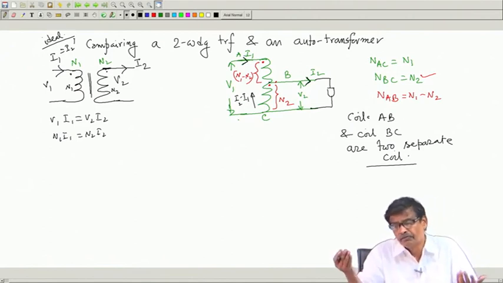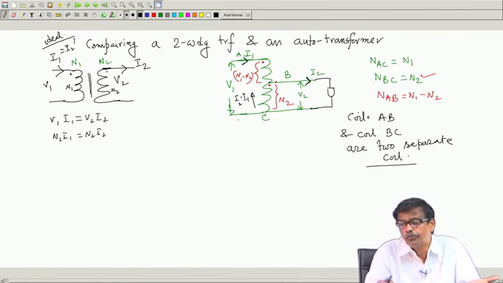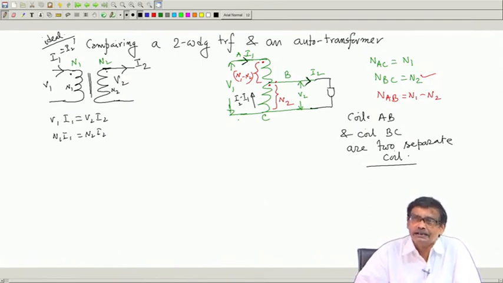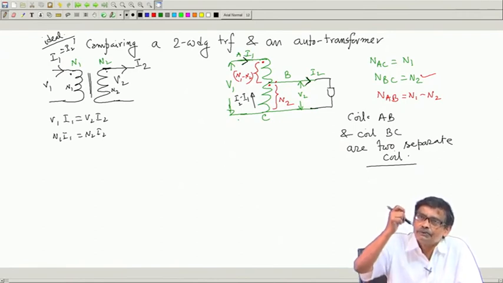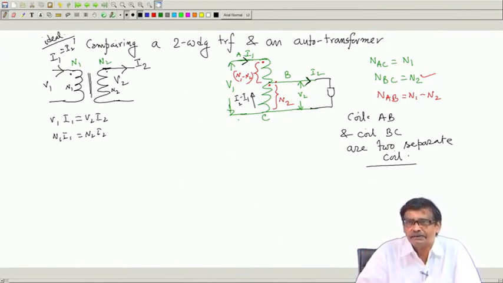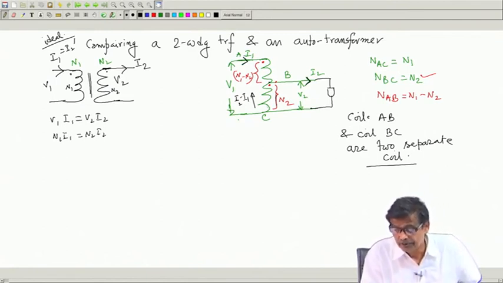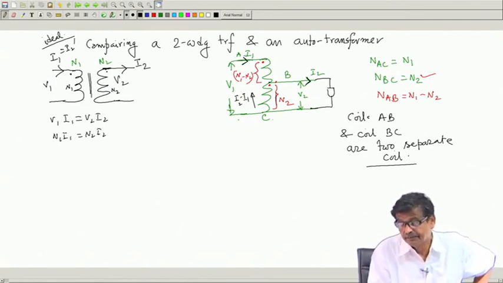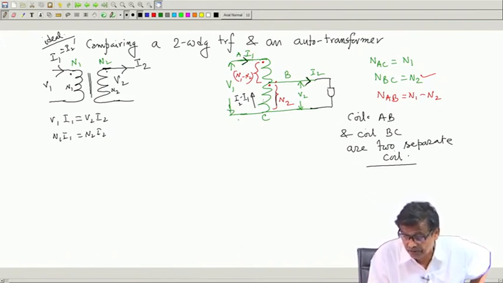Therefore, for any reason if these two parts of the windings carry current, their MMFs must cancel out, so that the net MMF remains only N1 into the small magnetizing current, which is negligibly small. Therefore, I will say that look here, this is I2 minus I1 coming out from the dot, this is the direction, very important.